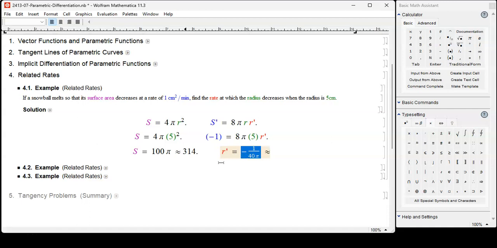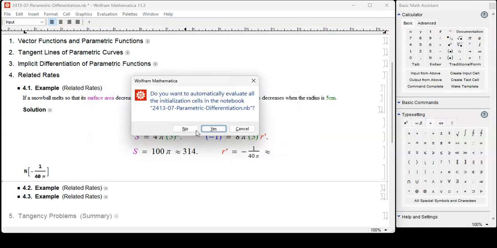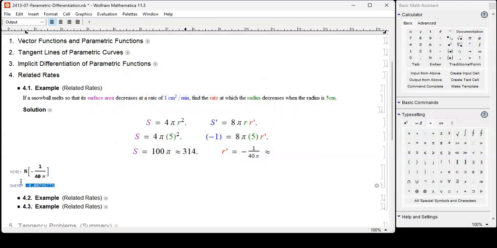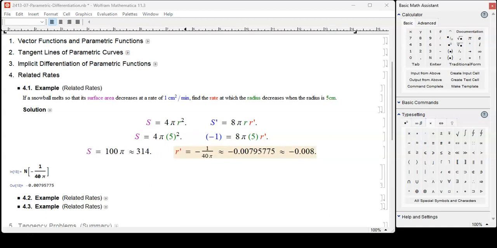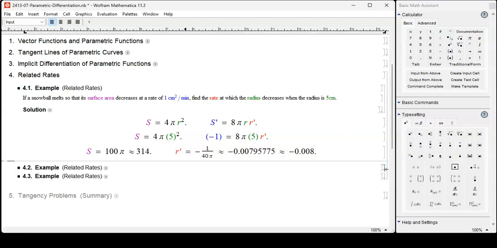Let's calculate this. Well, that's what I'm getting. So approximately -0.008.